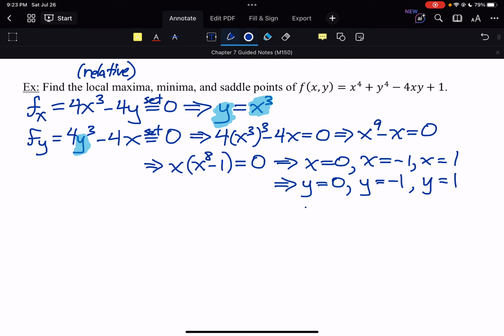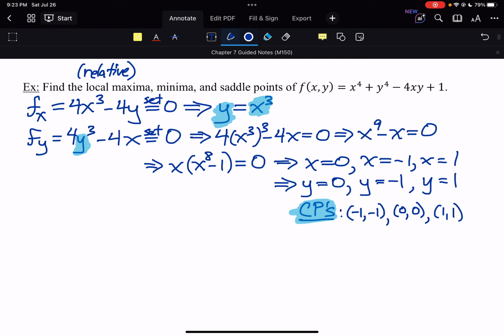So our critical points are, I'll go in numerical order, negative 1, negative 1, 0, 0, and 1, 1. So this is our first kind of milestone in the problem.